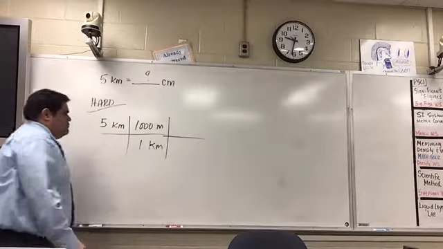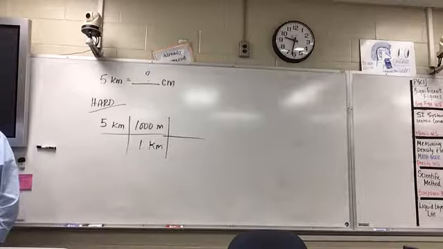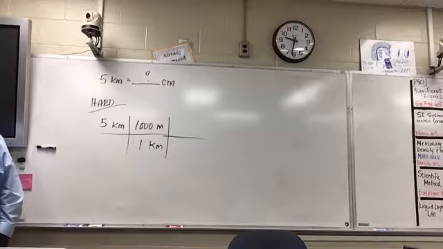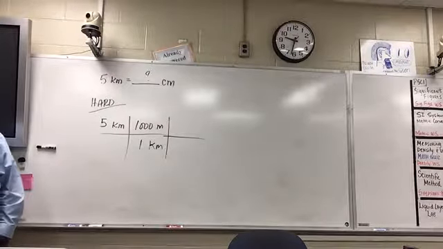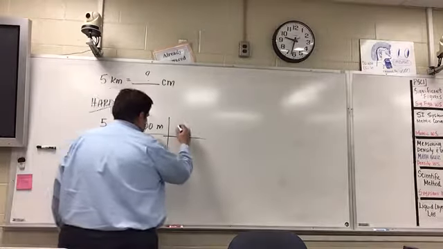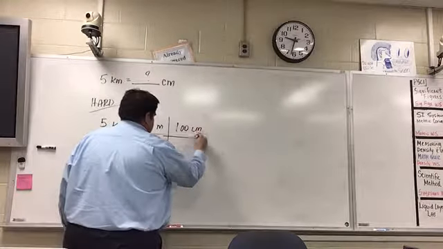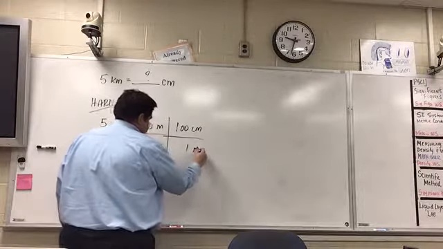But then I ain't done yet because I still haven't gotten to centimeters. So does anybody know how many centimeters are in a meter? Huh? 36? Nope, more than 36. 39, not more than 39. Okay, there are 100 centimeters in 1 meter.